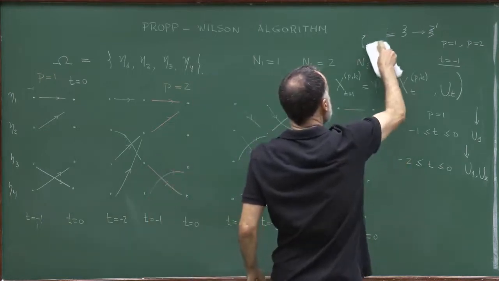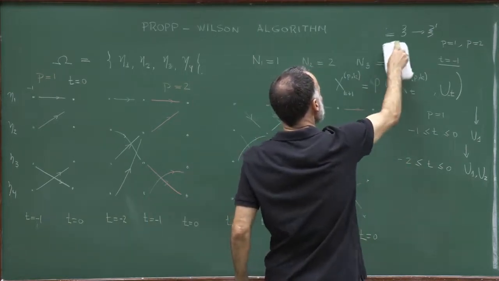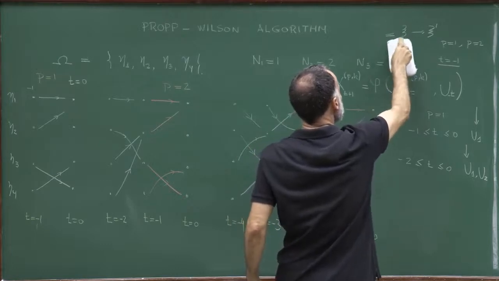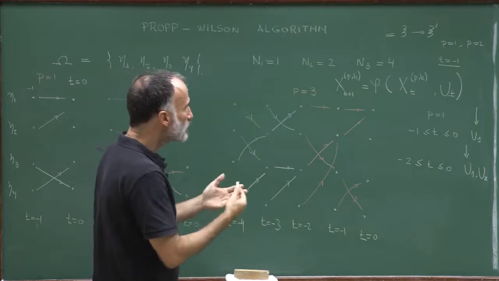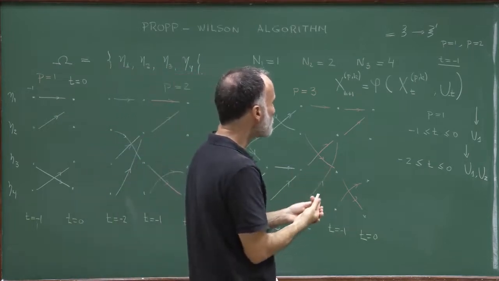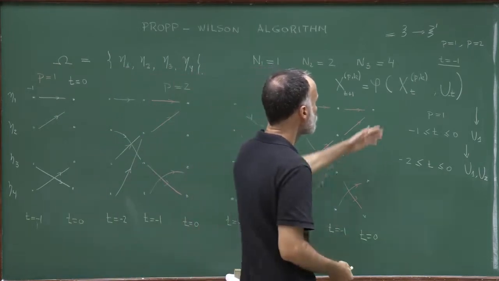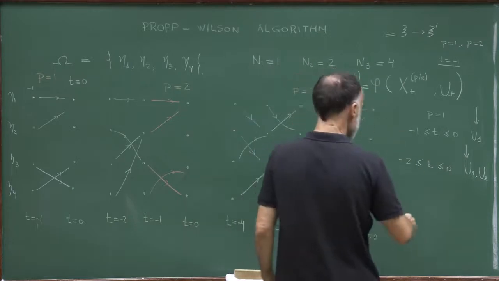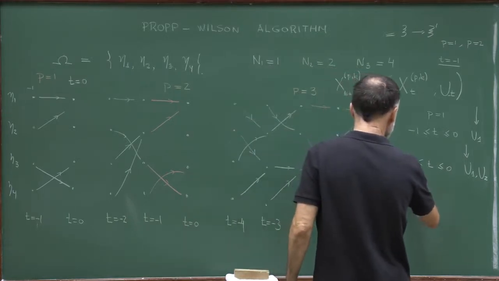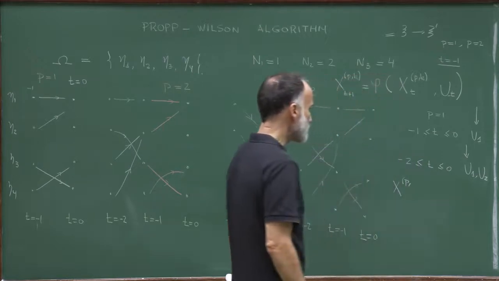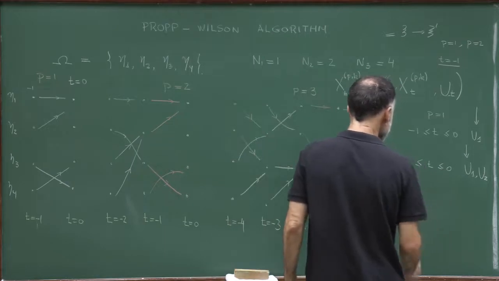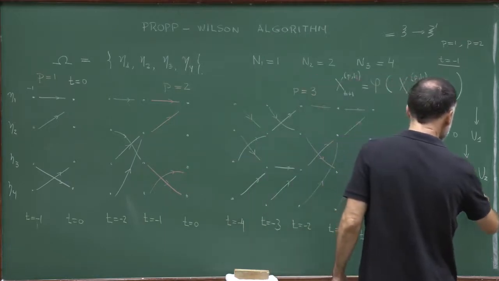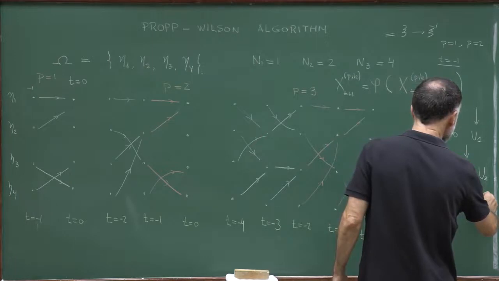For each stage, p equal to 1, p equal to 2, p equal to 3, I'm defining different chains. But these chains have something in common which is very important. Assume that I'm running a chain at stage p, which starts from k, and let's say that p is smaller than q.